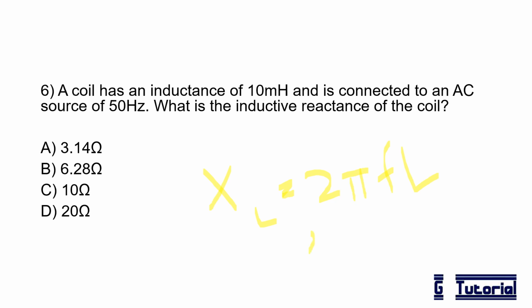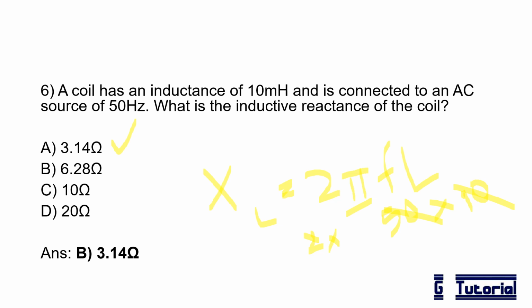So 2 into 3.14 into F, the value of F is 50, into 10 millihenry. So 2 into 50 is 100, 100 into 10 is 1000. So 1000 into millihenry, the 10 raised to minus 3 gets cancelled. So the remaining value is pi. Pi is 3.14, so this will be the answer.